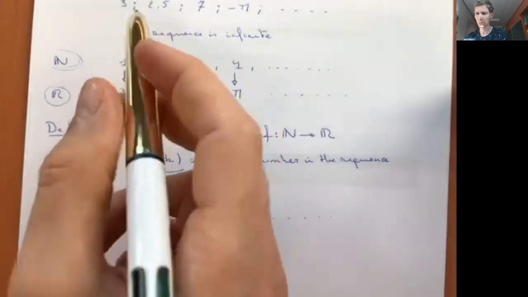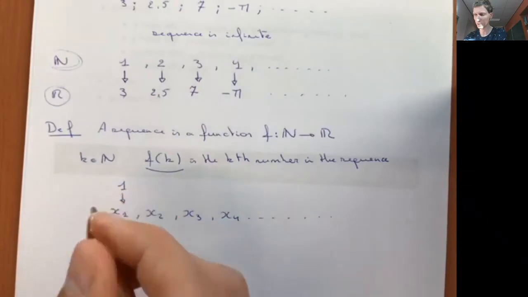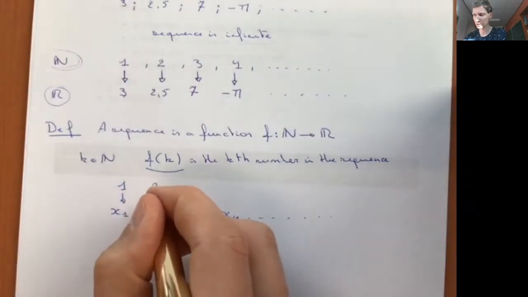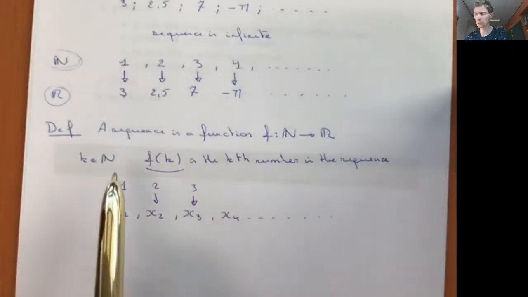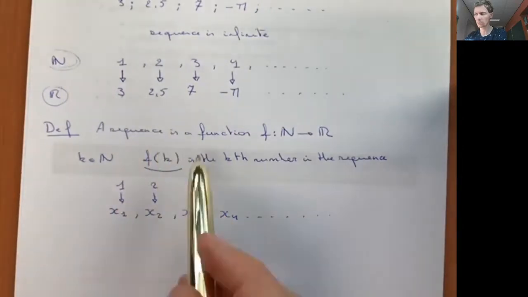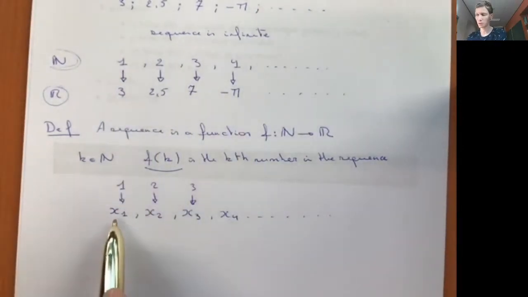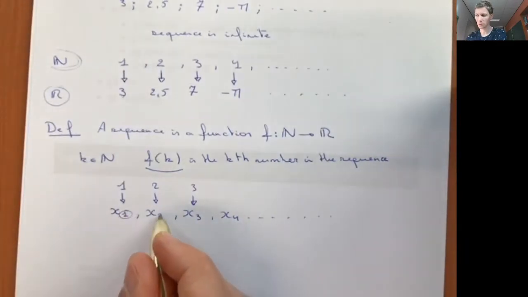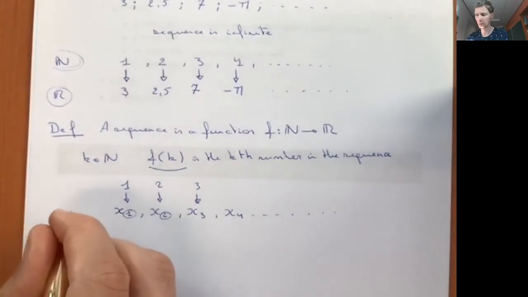So here x1 is 3 for this sequence, x2 is 2.5, x3 is 7, x4 is minus pi, and so on. The advantage is that by using the subindex to denote which position the number has in the sequence, you immediately see which element of the sequence you refer to.